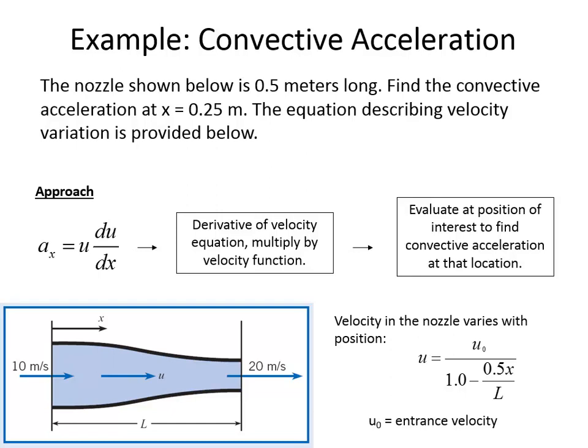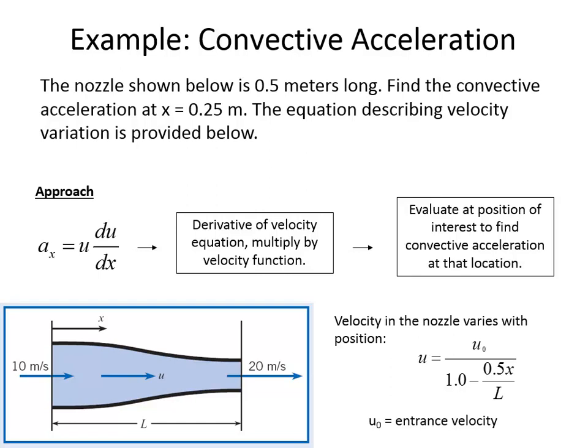And for the initial velocity of 10 meters per second, the convective acceleration, a sub x, is going to be 2.37 times 10 meters per second, squared. So it's 237 meters per second squared.